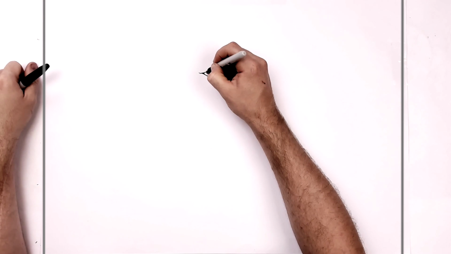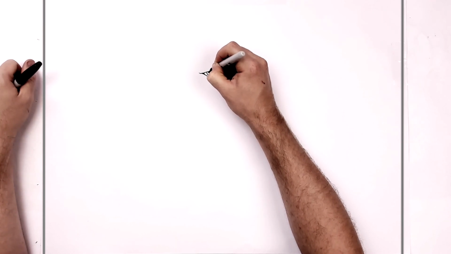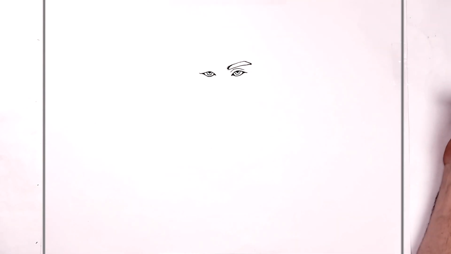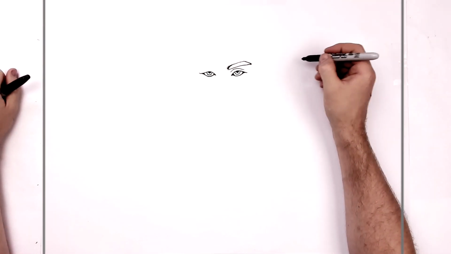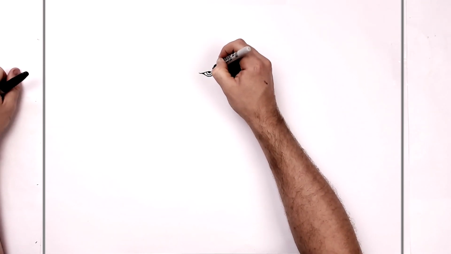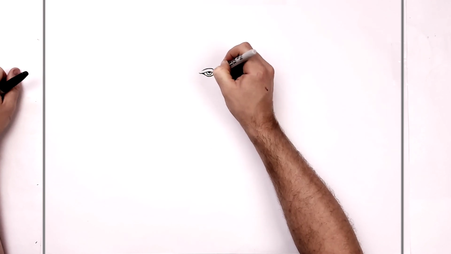And then his iris, half circle, round like so, and his pupil in there. Then eyelid line, up and over, like so.